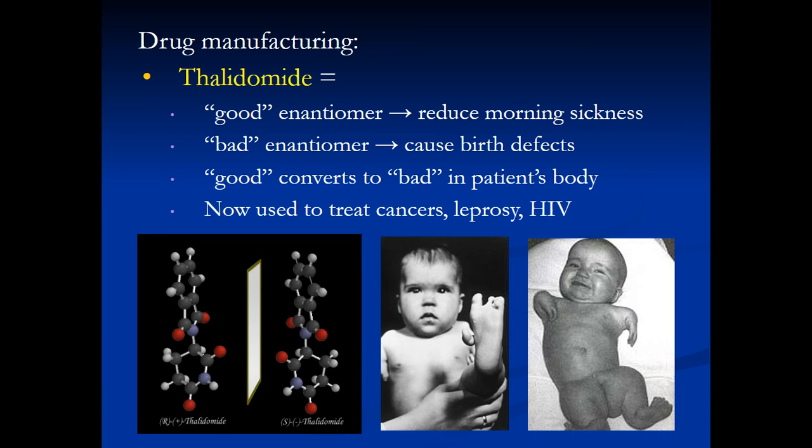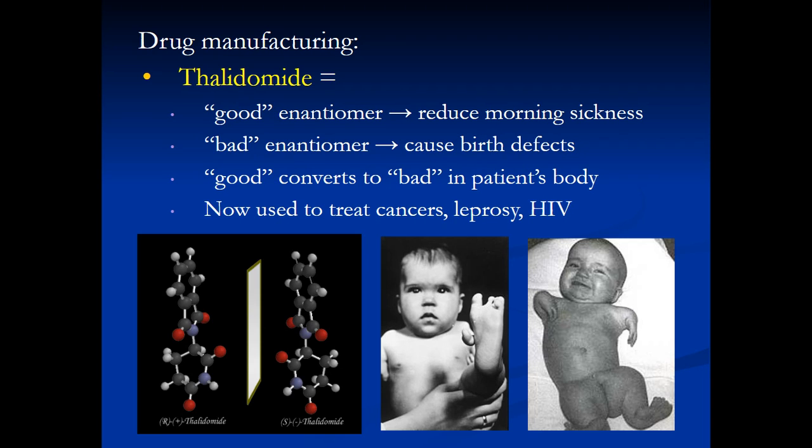A fantastic example, albeit very sad, is a morning sickness medicine for women. It's referred to as thalidomide. If you had the proper enantiomer, the left-handed one, it actually helps reduce morning sickness. However, if you have the incorrect enantiomer, the right-handedness, it actually caused all sorts of abnormalities and birth defects within the child.